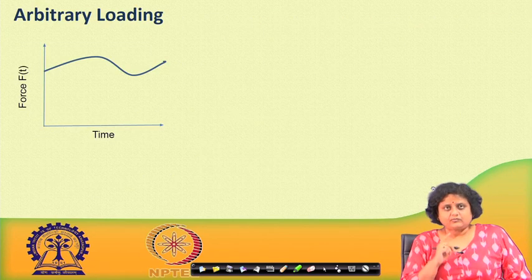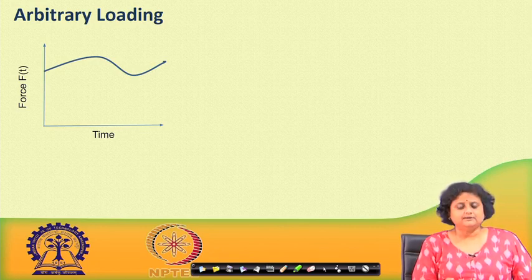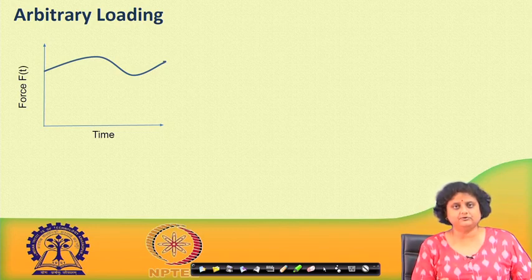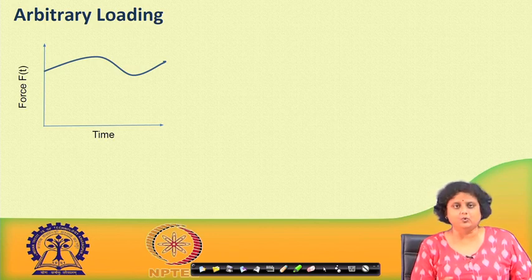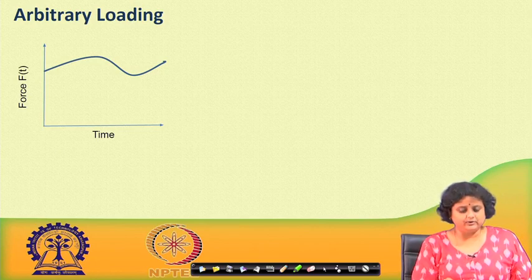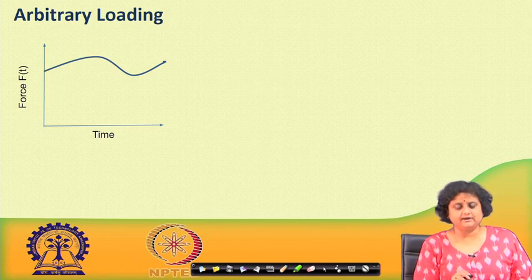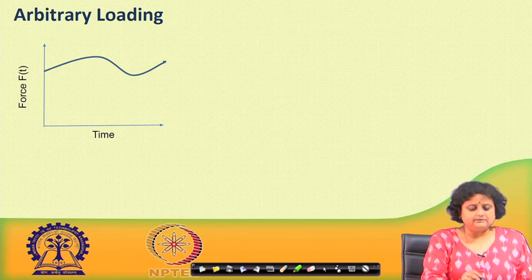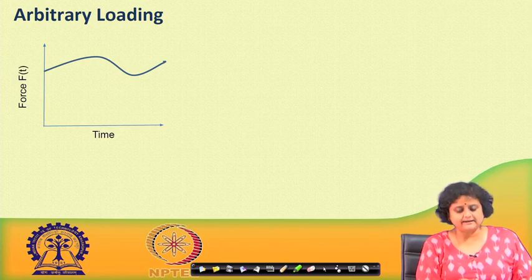So, all this while we have been dealing with harmonic load and then impulse load. Now, how do we solve a single degree of freedom system when the load is completely arbitrary but known? So, this is the example of an arbitrary loading, where the loading is known beforehand. It is of course deterministic, but the variation of the force with time is completely arbitrary.